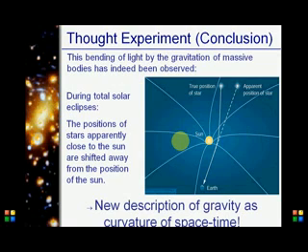What will happen is this piece of cloth will start to bend. This is what happens to space and time. It starts to bend, and when this happens, it will start to attract bodies to it.